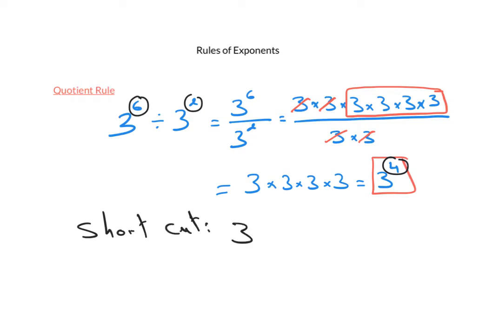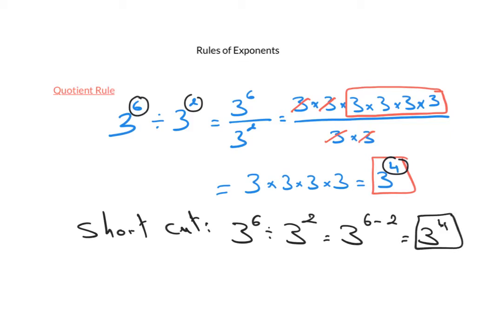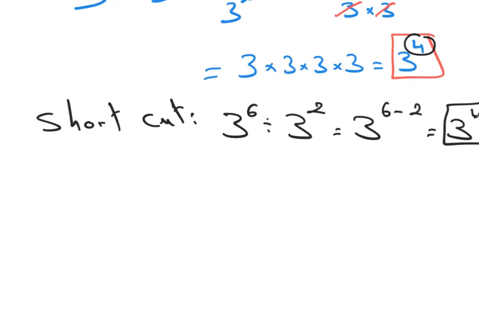We get 3 to the 6th power divided by 3 to the 2nd. That will be 3 to the 6 minus 2, which is 3 to the 4th power. So there is a rule to this called the quotient rule. The rule is, if I have, for example, a to the x over a to the y, we take a to the x minus y.